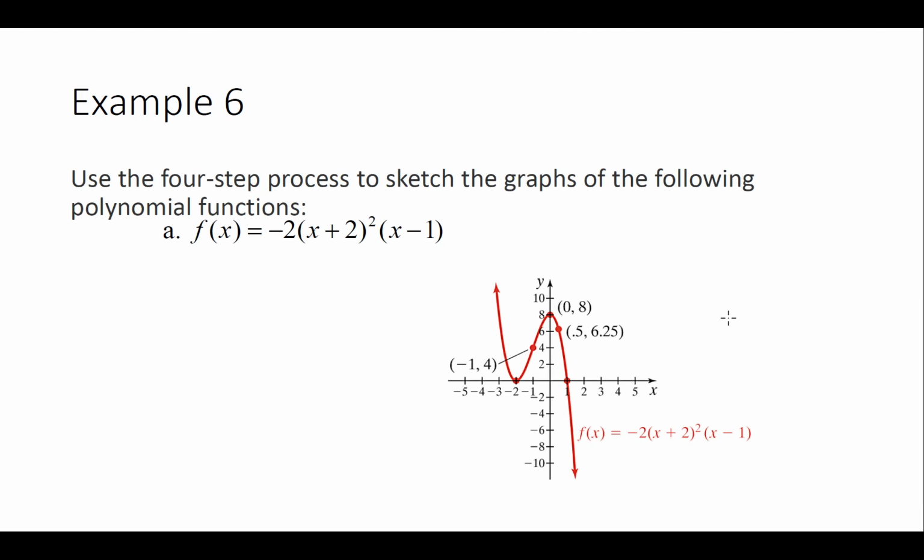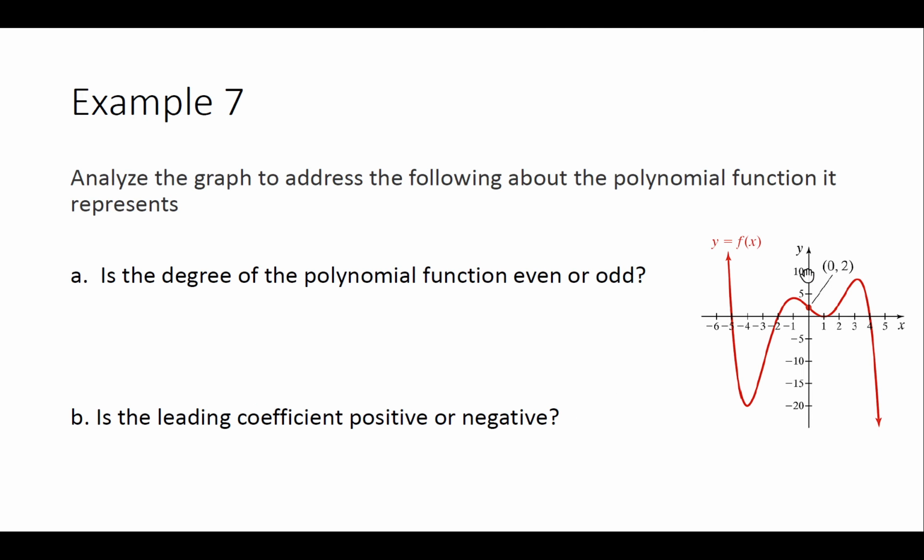Now sometimes they give you the graph and they ask you some information about the graph. So by looking at this graph, the first question you have to answer is whether the degree of the polynomial function is even or odd. So look at the end behavior to answer that question. Because the end behavior is in opposite directions, it has to be odd. And then, is the leading coefficient positive or negative?